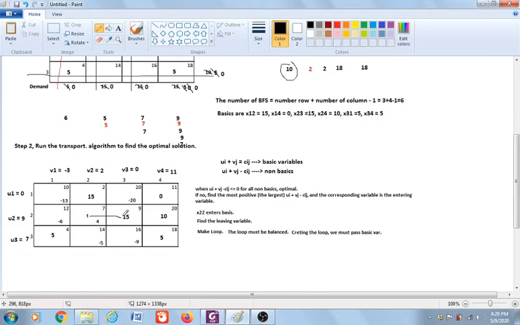But with minus t over here, I cannot go up or go down. That will not be balanced because there is no plus t in column 3 that I can put to make the minus t gone. So I will pass that one.